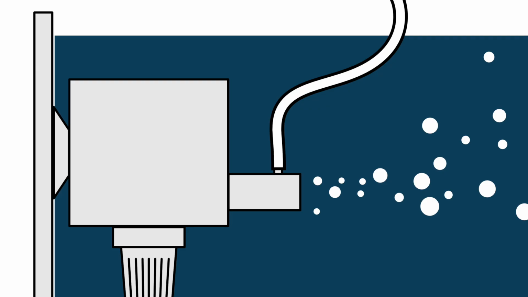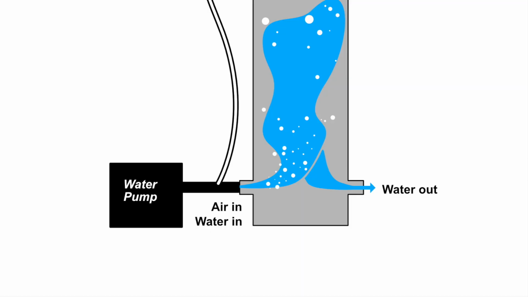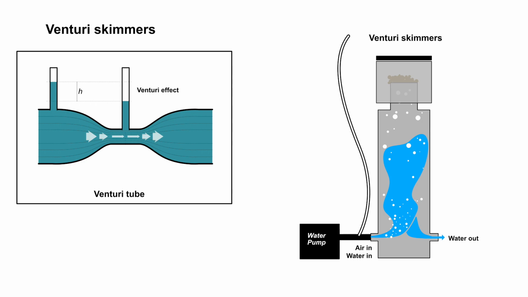When you drill the water outlet and place the tube in the air, the water sucks the air and mixes with the water. The Venturi skimmer uses a water pump instead of an air pump to increase the water flow in the chamber. However, because the flow rate increases, the contact time is lower than with an air-driven skimmer.